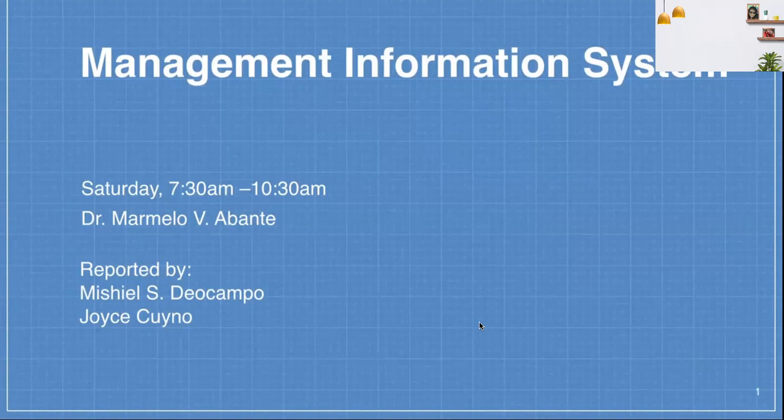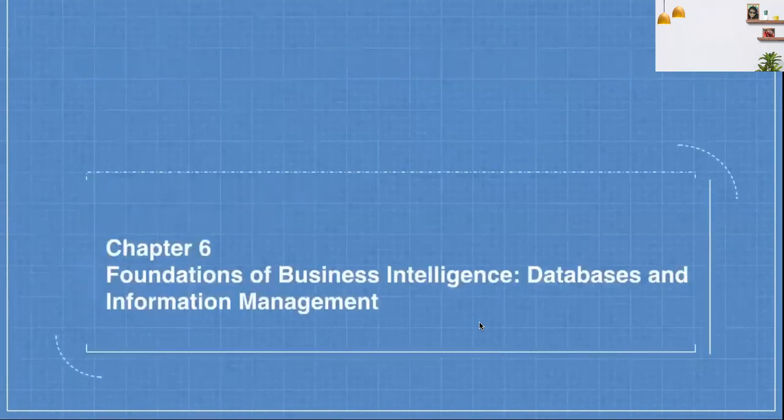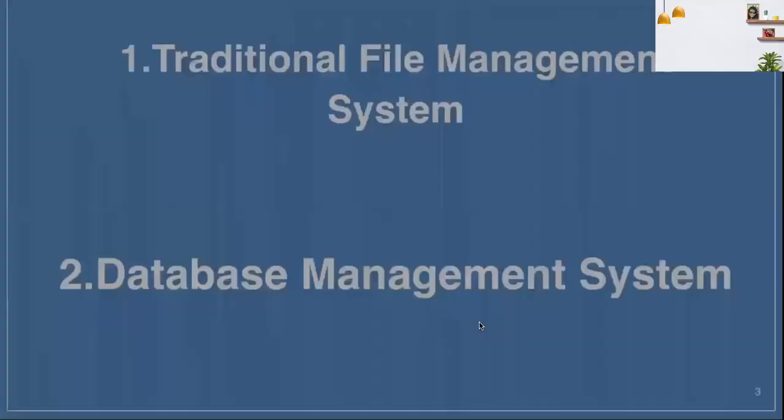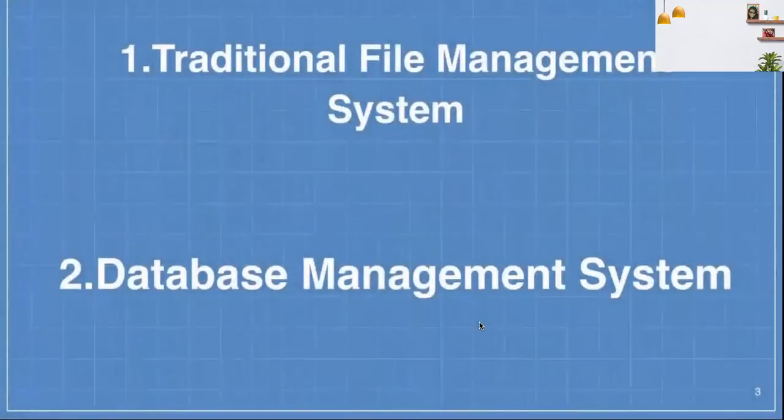This morning, we will be presenting Chapter 6, Foundation of Business Intelligence, Databases and Information Management. In this chapter, we will be talking about two ways on how companies manage their files or company data.